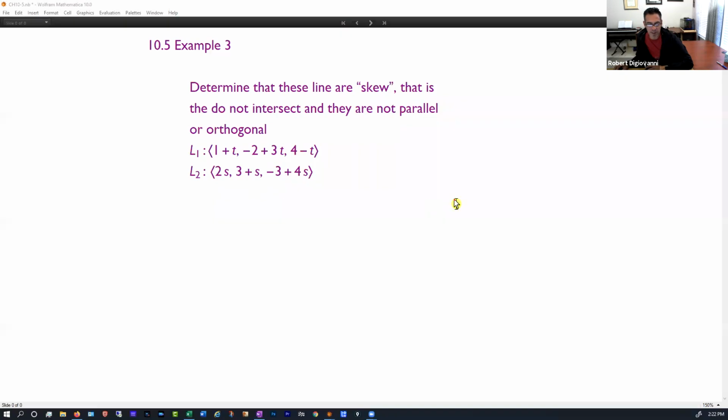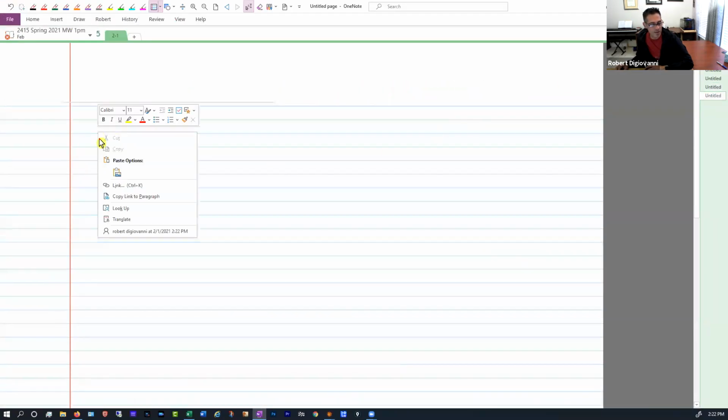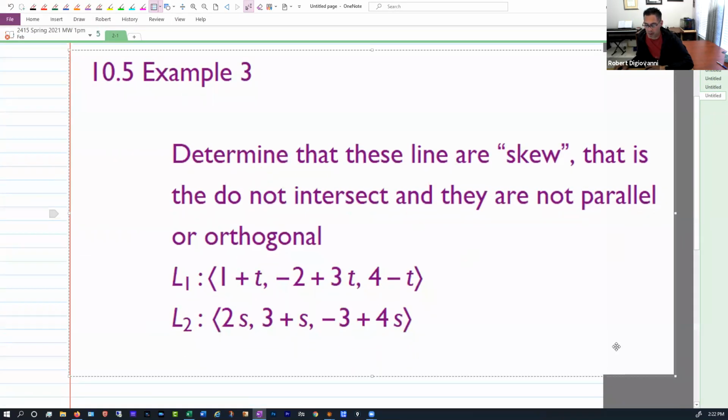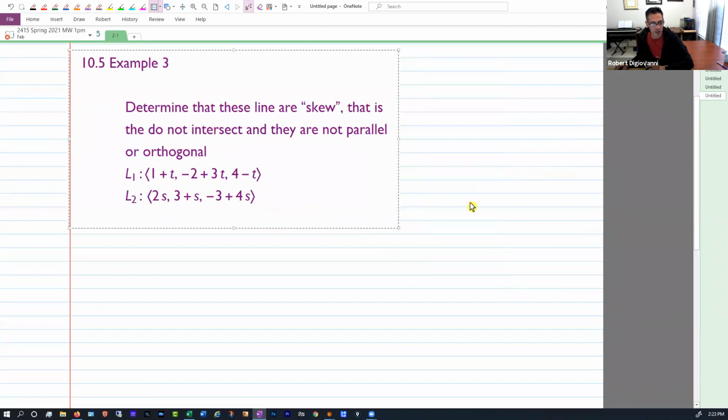From what we've experienced so far with these lines, can you tell by just looking at this what the direction vector is for this first line? Yeah, 1, 3, -1. Perfect. That's exactly right.